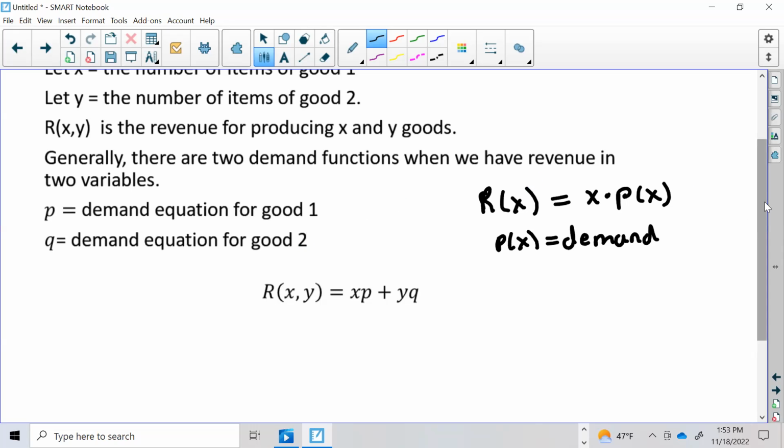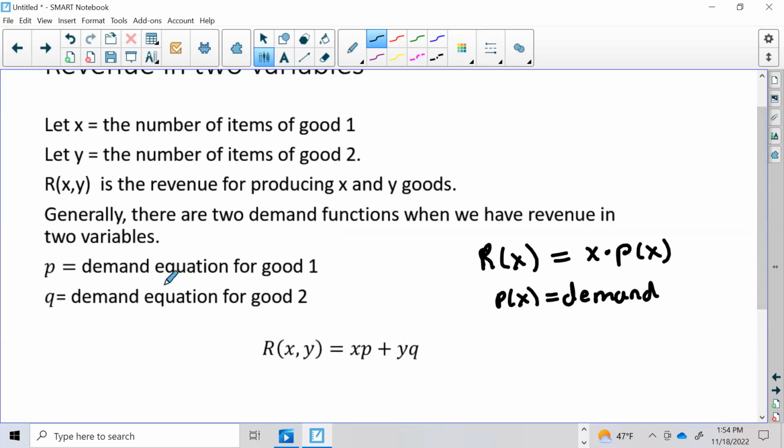So then to find the revenue, what we're going to do is take the demand equation for good 1, or that price that we get for good 1, and multiply it by the number of items that we sell for good 1, and that would give me the revenue for good 1. And then to get the revenue for good 2, we would take the demand equation for good 2, that price, and multiply it by the number of items of good 2.